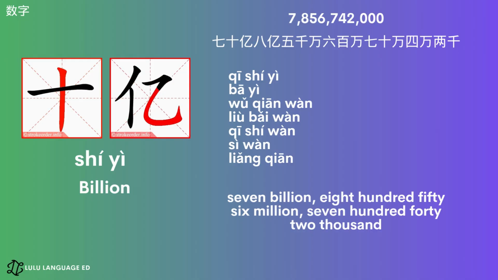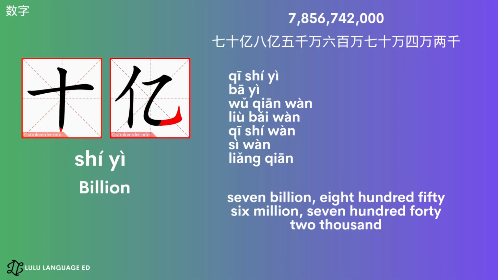There are 800 millions or 8 of 100 millions. 100 million is 亿, so 8 八亿. 50 million in Chinese is 5,000,000. 6 million, 600,000. 700,000, 70,000. 40,000, 4,000. 2,000.